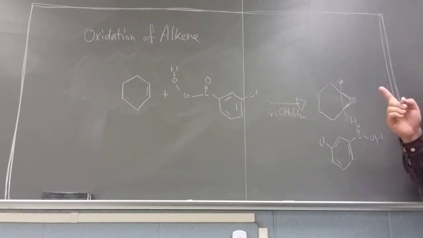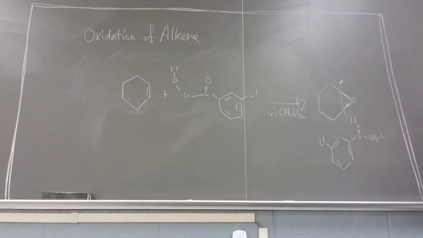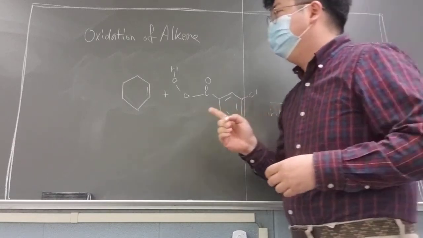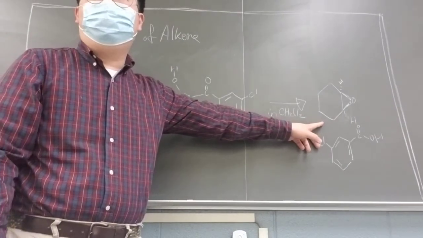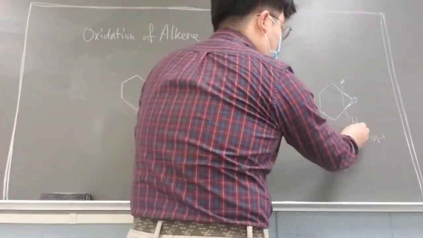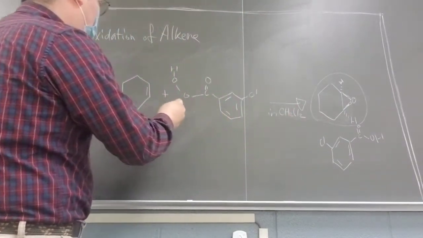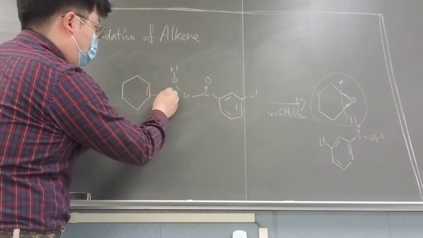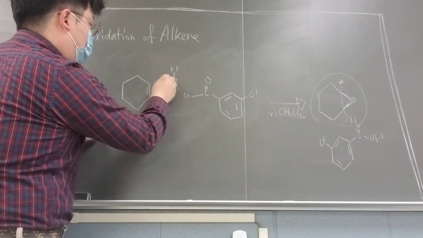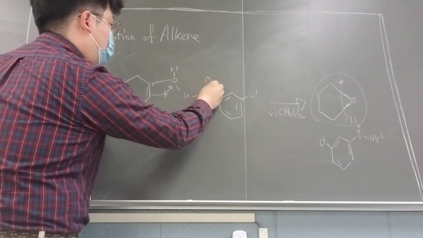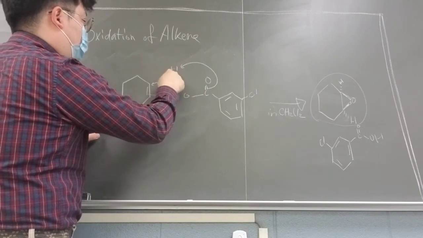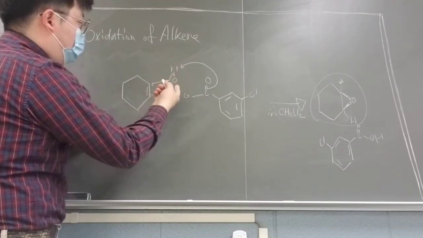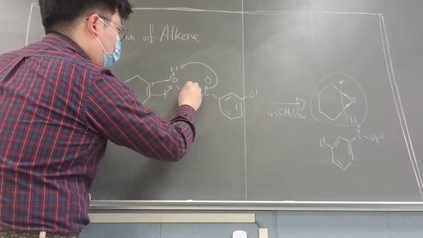Okay, so you get this one, right? So once again, they try to type here, there. This one will be picked up by this one. So technically it's this one, and then this one goes there.